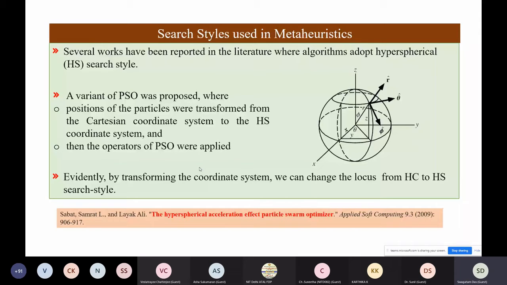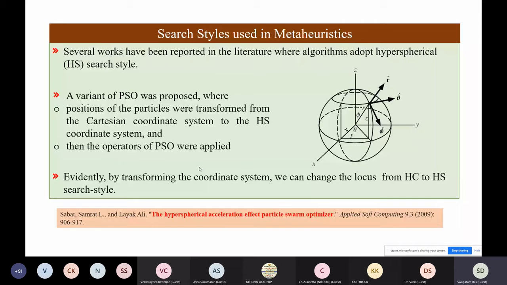So if somebody claims, I have observed nature today and tomorrow I come up with a groundbreaking algorithm, there is sufficient reason to doubt such claims, because developments are always very slow and very continuous. Earlier people have tried to seek an answer for this question: spherical search style, hyperspherical search style, can we adopt that?